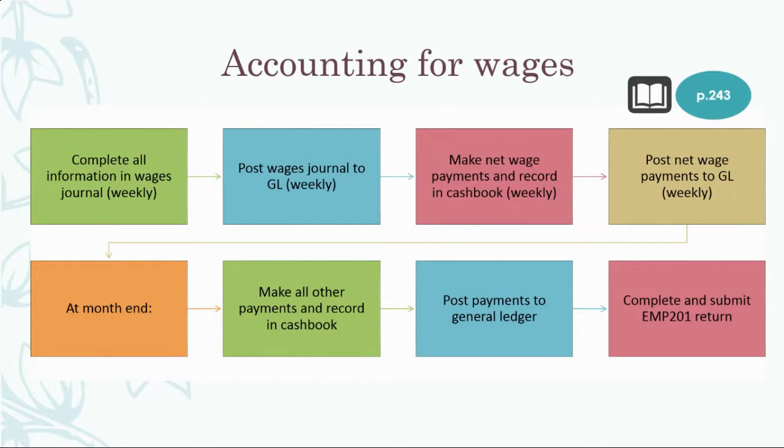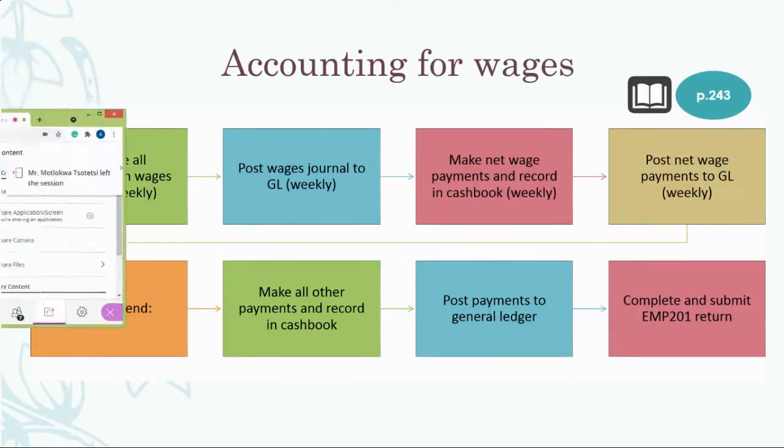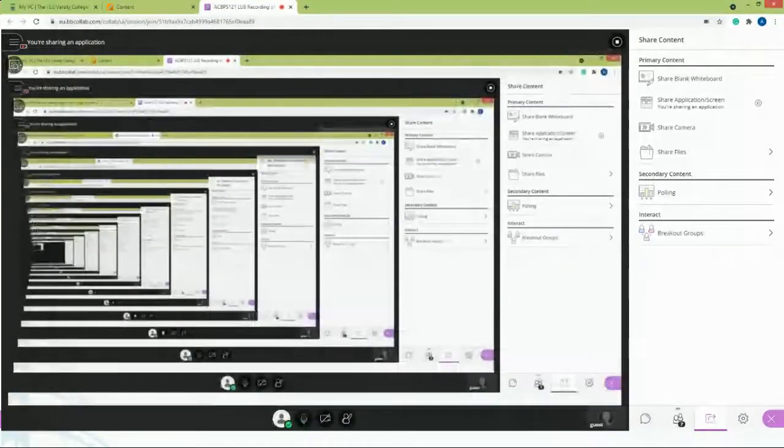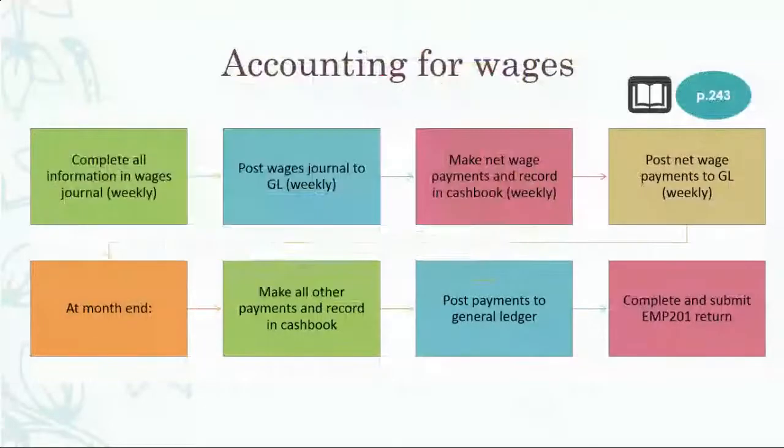Instead of creditors for salaries, you're going to have creditors for wages, for example. And then the other thing is salaries we would do once a month, whereas this we're going to now do on a weekly basis.